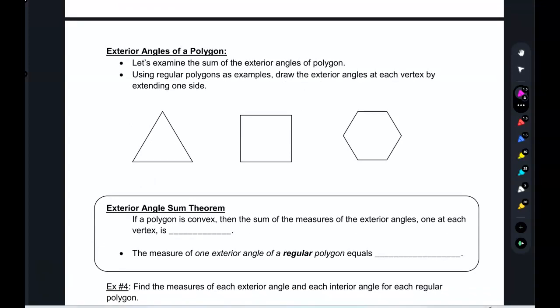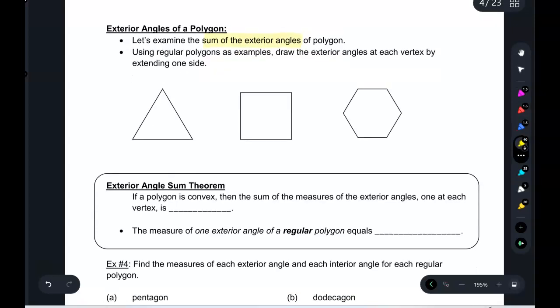Okay. There is a shortcut to that formula, and that has to do with our exterior angles. Okay, so we've done some exterior angles. Let's examine the sum of the exterior angles. Okay, so let's start with the triangle.